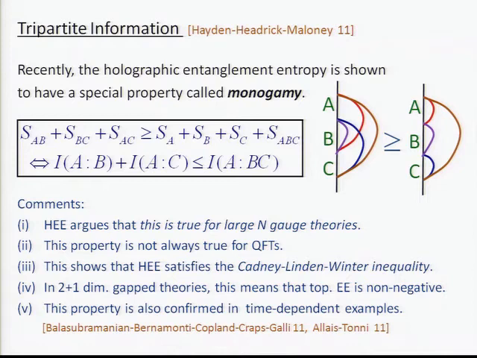A particular case of this inequality leads to the so-called Cadney-Lindon-Winter inequality, which is a bit technical. It is a rather famous inequality in this context because it is independent from strong subadditivity, a stronger version of that inequality. We can also show this inequality. More recently, this kind of inequality also holds in time-dependent backgrounds, as confirmed in explicit examples.